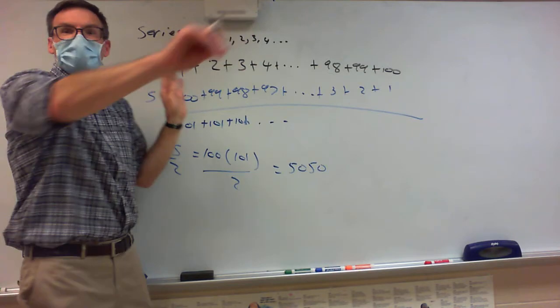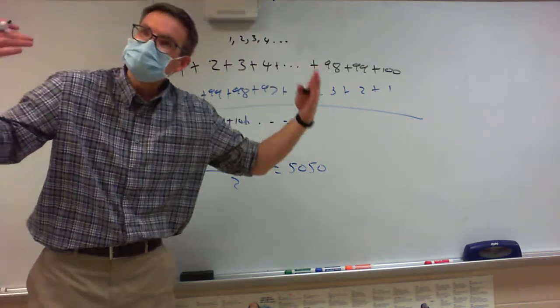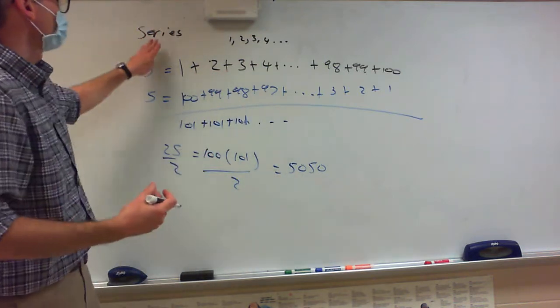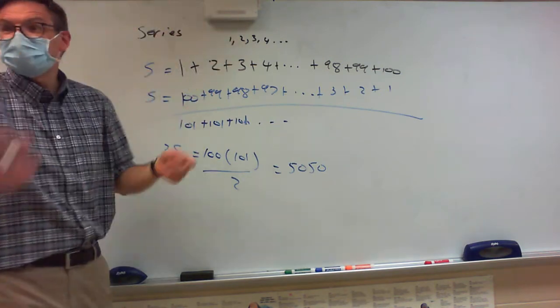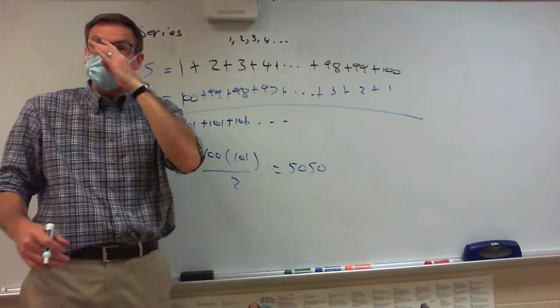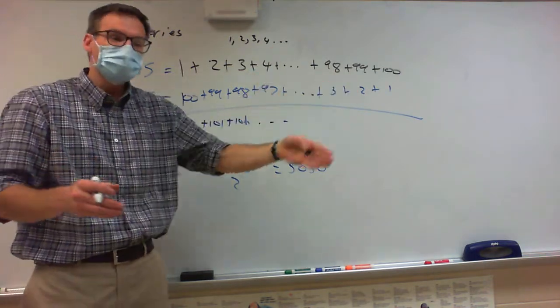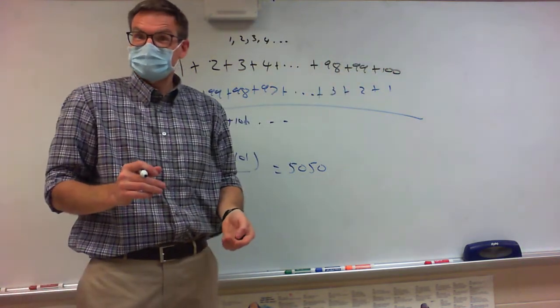So if you add them all up, and when you add up a sequence, that's called a series. And today we're actually going to talk about an arithmetic series. Meaning, how do you add all this stuff up? We spent a couple of days talking about if something's arithmetic, how do you figure out the next term? Now we're going to talk about how do you add them all up? Got it?